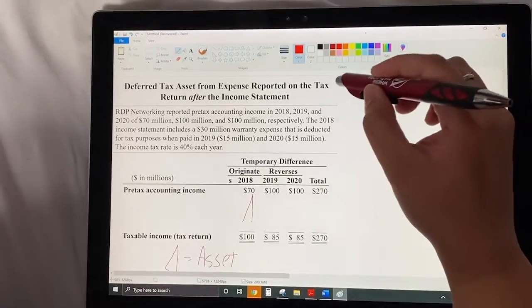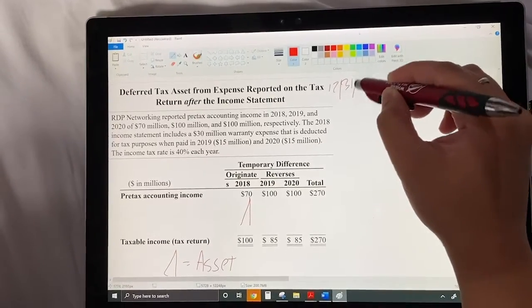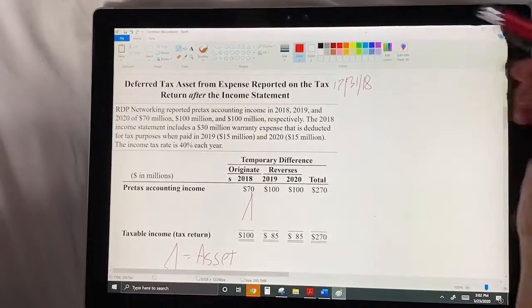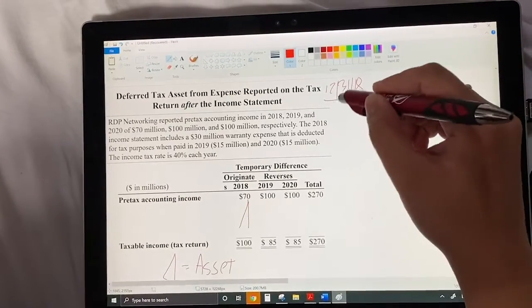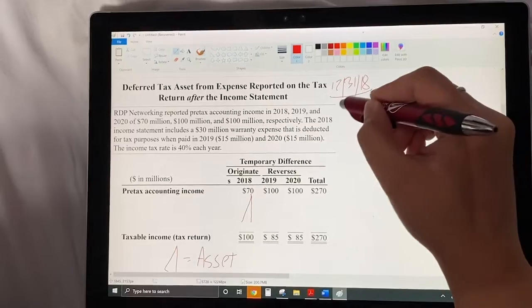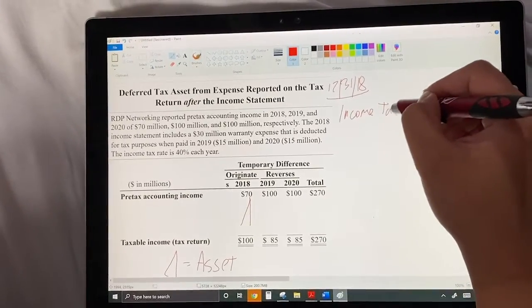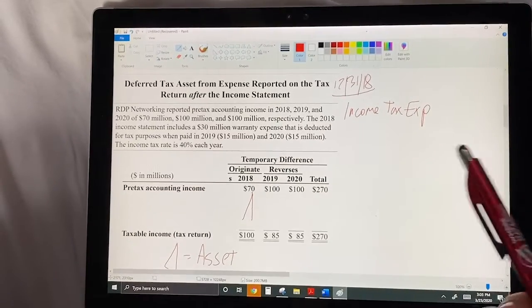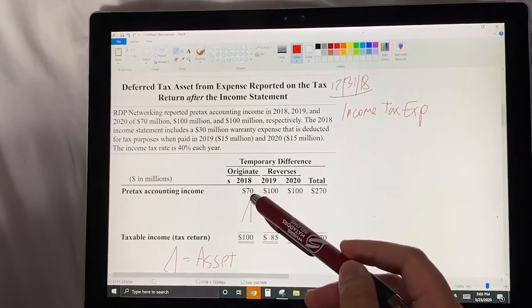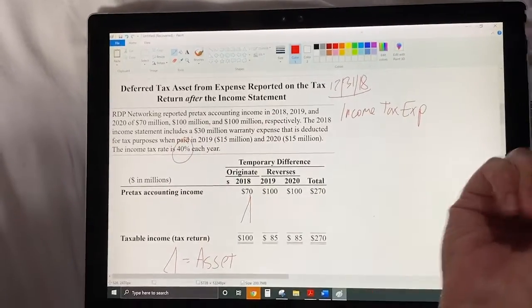So in 2018, 12/31/18, I'm just writing the whole date. Your journal entry is as follows. Income tax expense is the $70 times what's your tax rate this year? 40%.